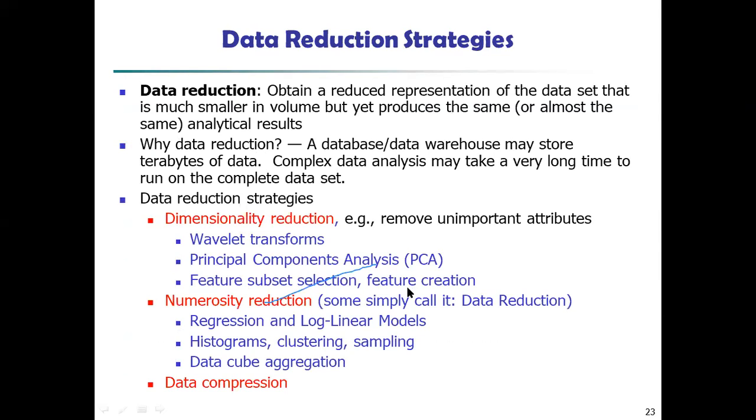If you want to store all 1,000 records in the data warehouse, it requires more space. So at that time you have to minimize the data using these three methods. First is dimensionality reduction, the second is numerosity reduction, and the third is data compression.